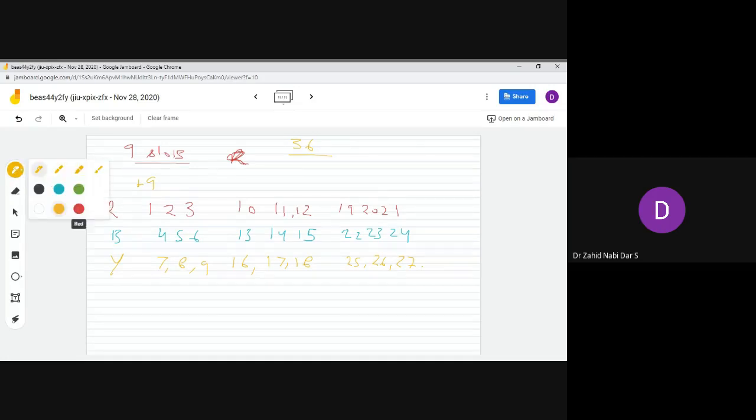Again here red, it would be 28, 29, 30. This is blue, 31, 32, 33. Now yellow is left, so it would be 34, 35, 36. So this is the winding diagram.